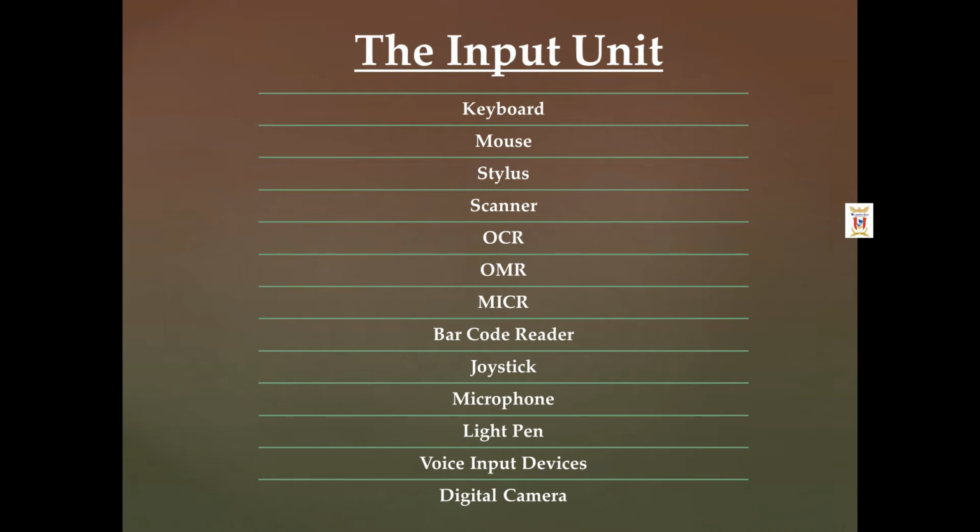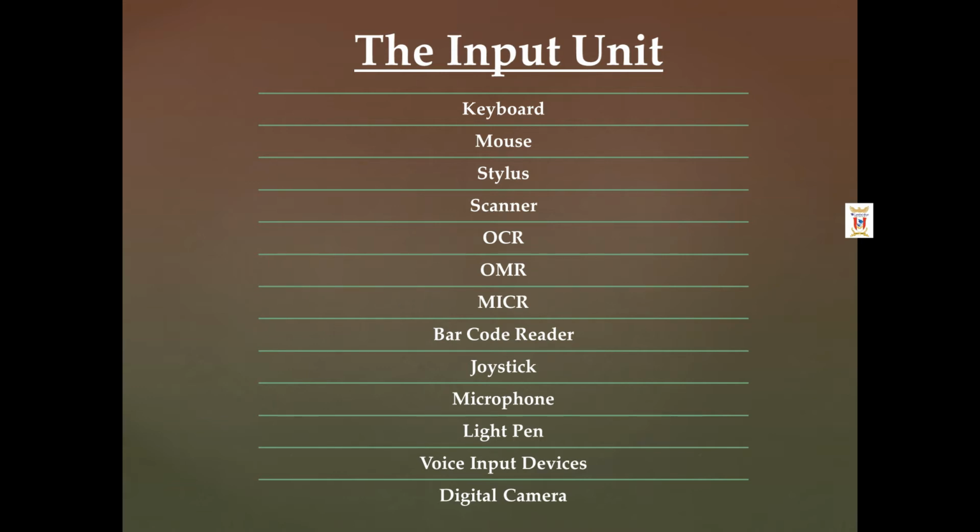Next one is MICR, magnetic ink character reader or recognition. MICR is used in banks to read the check numbers. It can be read more easily by humans also.